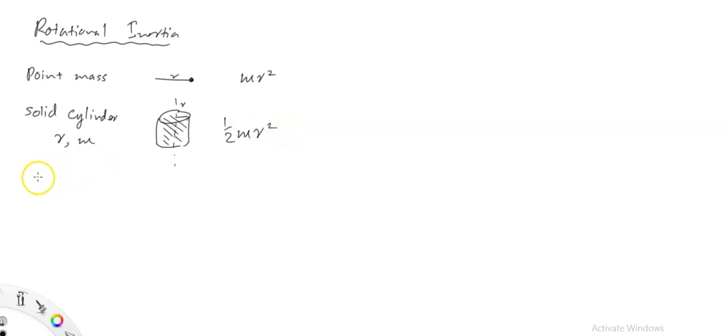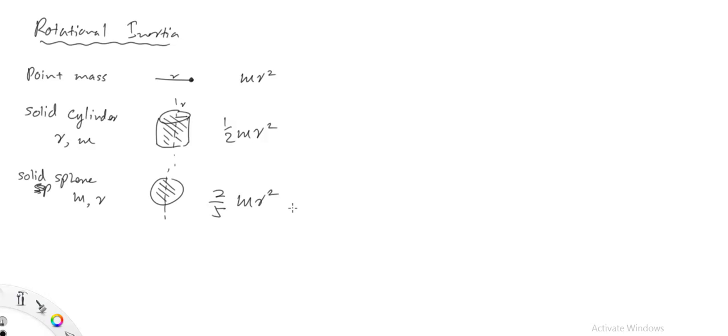How about a sphere? Again, a solid one. A solid sphere with a mass m and radius r is given by 2/5 m r squared.